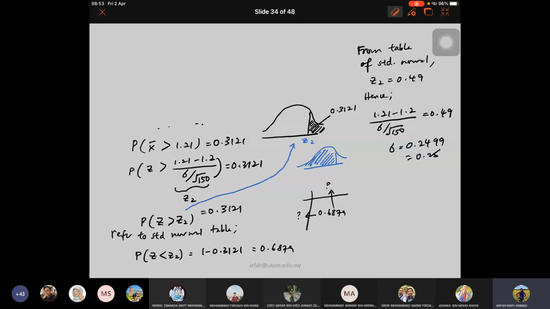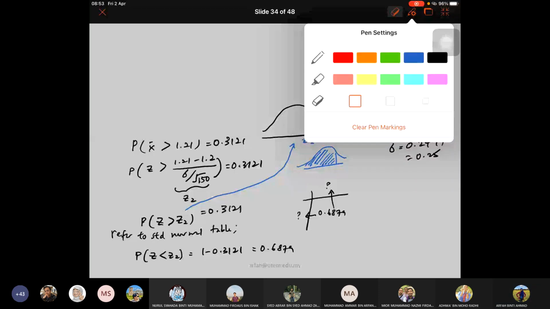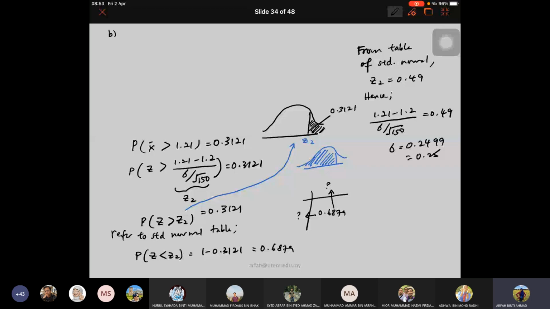Okay. Yang ni faham semua? So, cuba buat yang B pula. Okay, soalan B, find the probability that the sample mean will be between 1.16 dan 1.26. So dia nak probability of X bar between 1.16 dan juga 1.26.